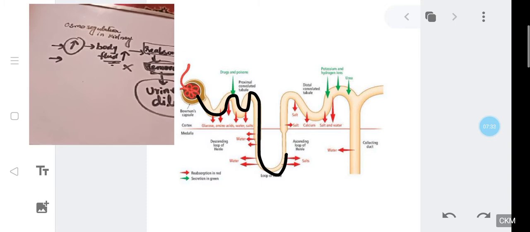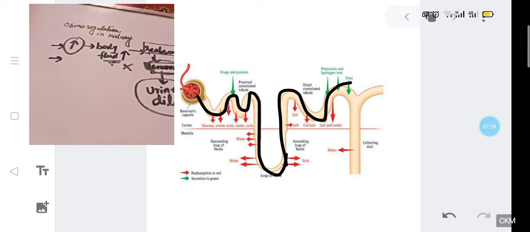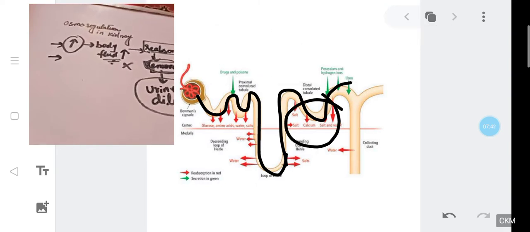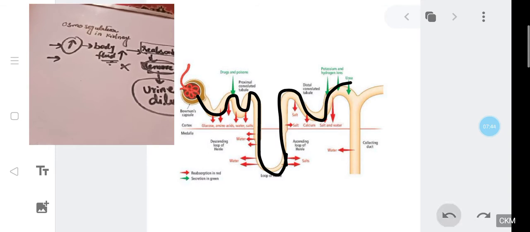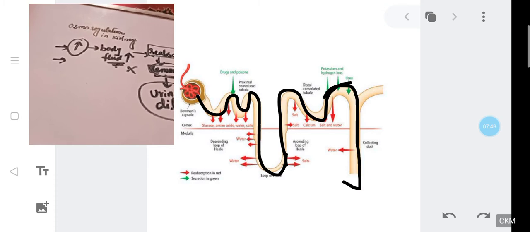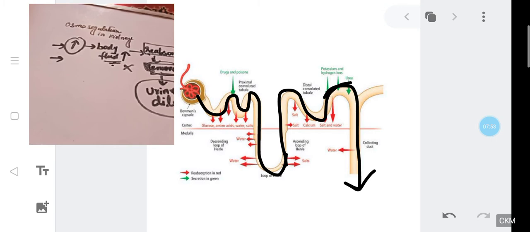Similarly, more water is going to transfer toward the distal convoluted tubule, where a very small amount of water is reabsorbed into the blood vessel. Similarly, a high amount of water is going to transfer into the collecting duct, and that will be in the form of urine.